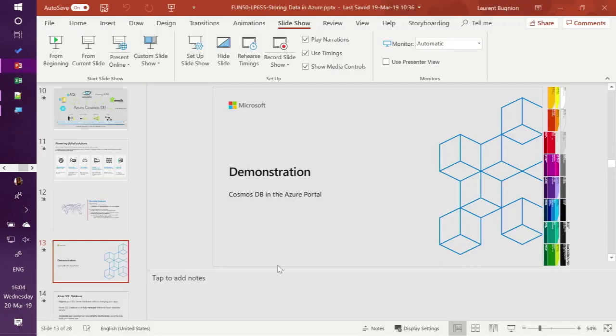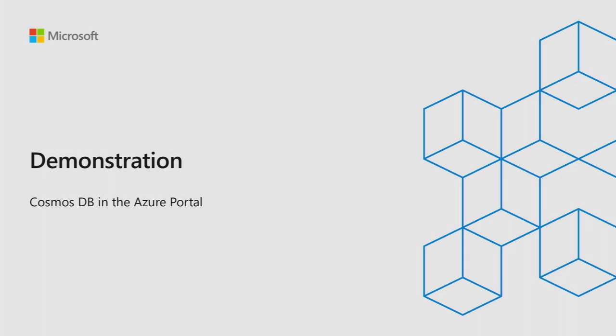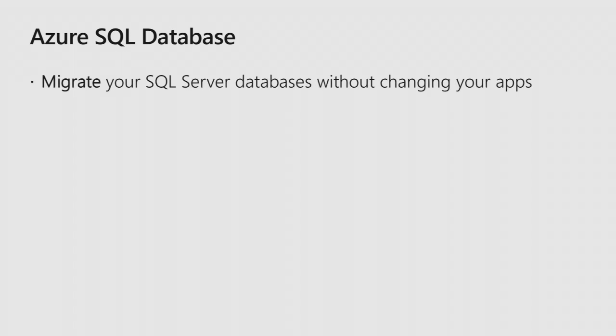Now let's go back to the slides and we'll talk about Azure SQL, which is of course very important as well. So Azure SQL Database is basically a way to store data in a relational manner in Azure. Okay, you can migrate from an on-premise SQL server to a cloud SQL server. And the nice thing is that because it is an SQL server family, you can do that without changing your applications, okay?